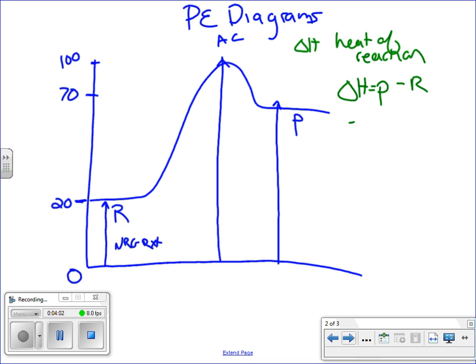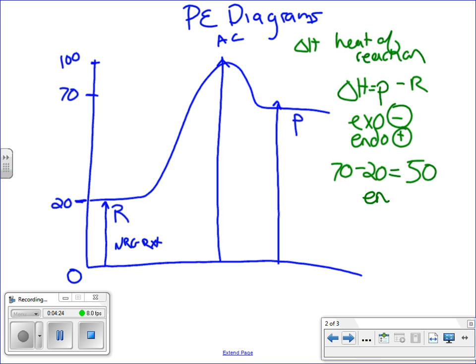If it's exothermic, delta H is negative. If it's endothermic, delta H is positive. In this case, we have an endothermic reaction because the products, which have an energy of 70, minus the reactants, which have an energy of 20, give us a delta H of positive 50. Okay, and that means it's endothermic in this case.